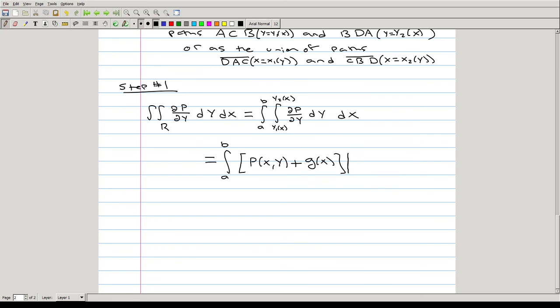But because we are evaluating this at y2 and y1, this g of x is going to cancel out in the difference. So this just becomes the integral from a to b of p of x comma y2 of x minus p of x comma y1 of x.